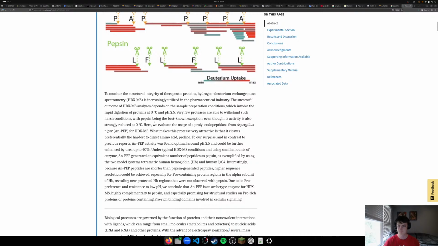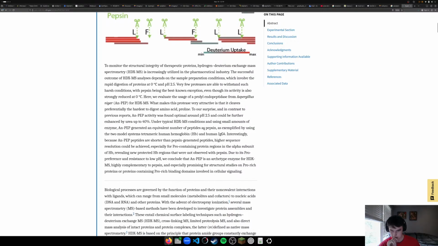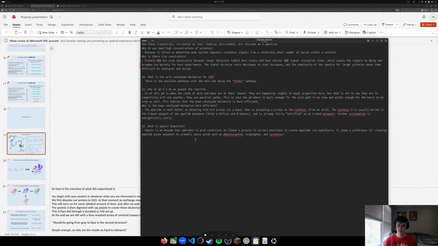So there's other ones. Endopeptidase is what makes this protease reaction. It cleaves preferentially the hardest areas. So let's add that.